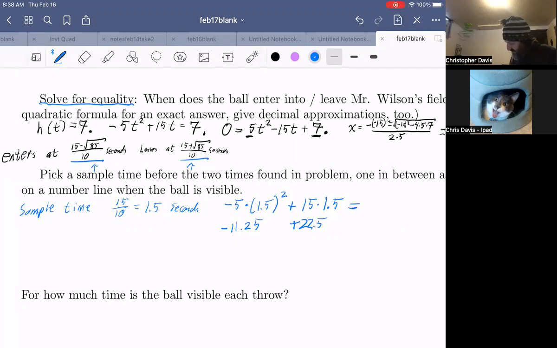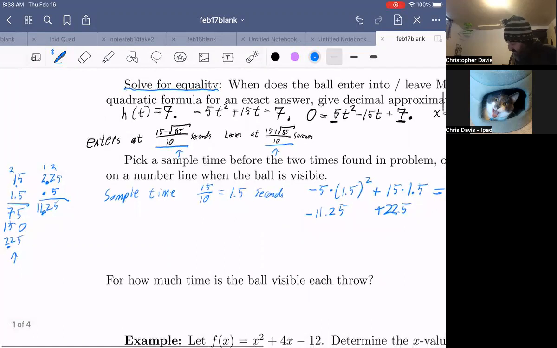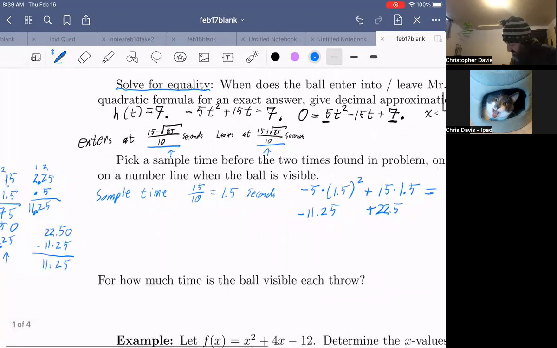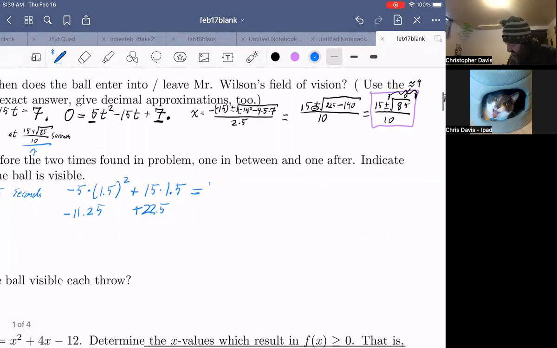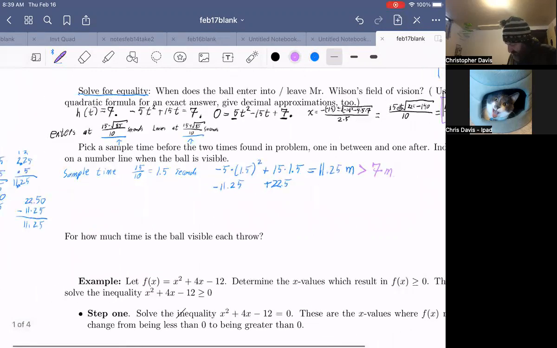All right, and I guess that means we need to do some subtraction. 22.5 minus 11.25. All right, 15 minus 25 is 25. 22 minus 11 is 11. That could have been easier. And that's not in seconds. That's in meters because it's an output. It's a height. And that is, of course, bigger than 7 meters. So what's the conclusion?